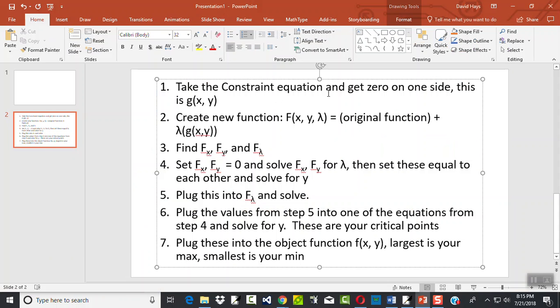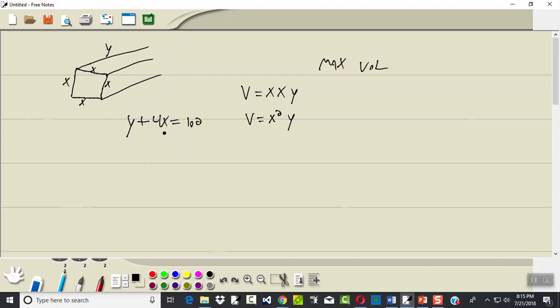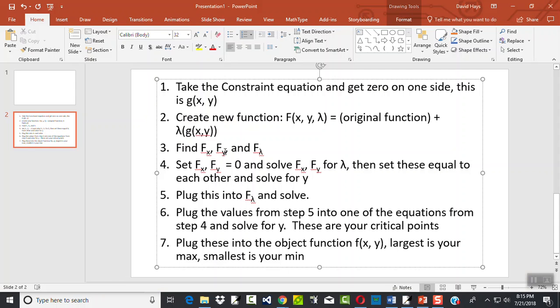Step 1. Take the constraint equation, get 0 on one side. So I'll take the 102 over. So we've got y plus 4x minus 102 equals 0. This is our g of x, y. Step 2. Create a new function.